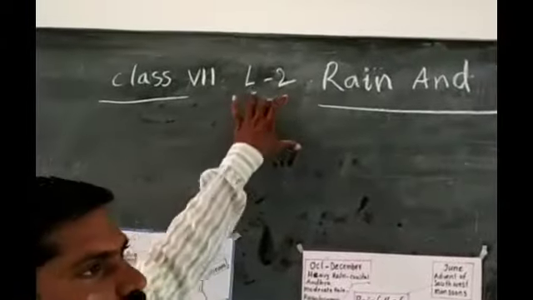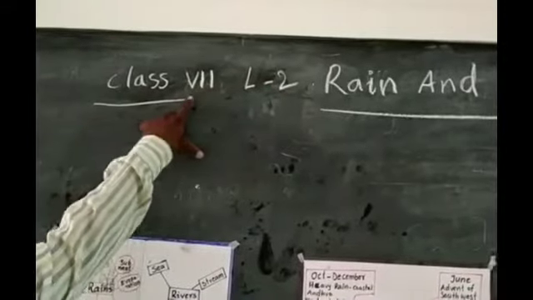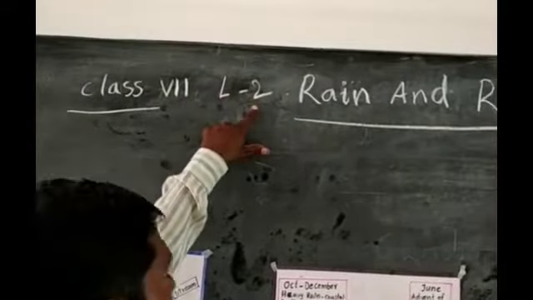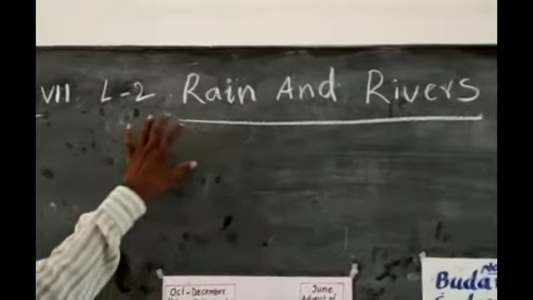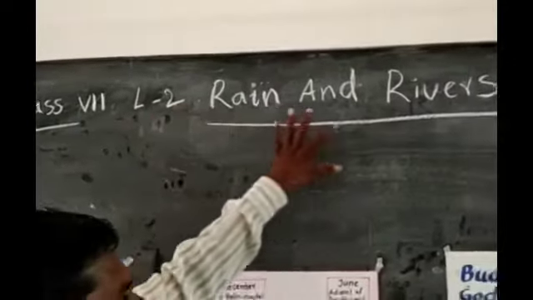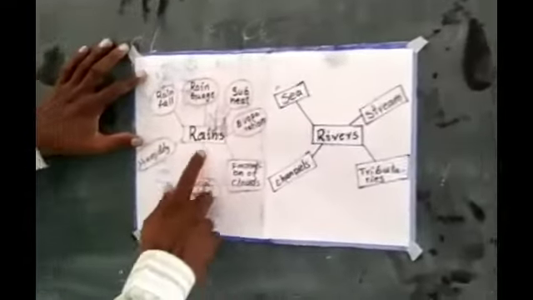Today, I want to discuss 7th class lesson number 2, Rain and Rivers. What is our lesson name? Rain and Rivers. Look at the first picture here. Rain.